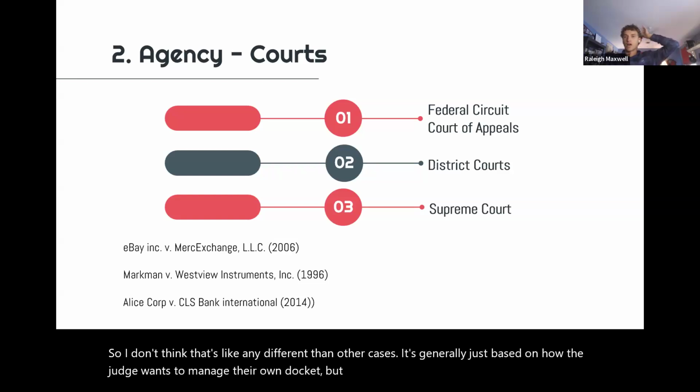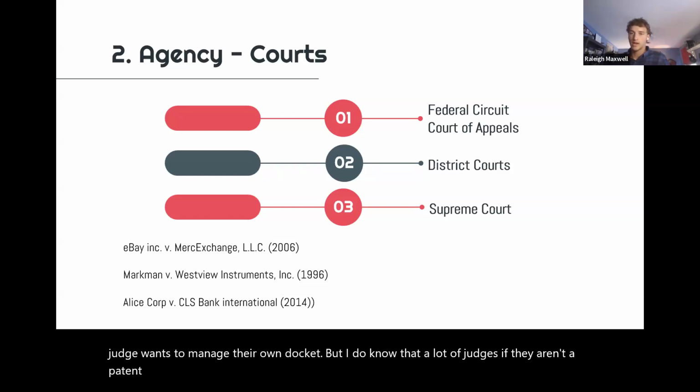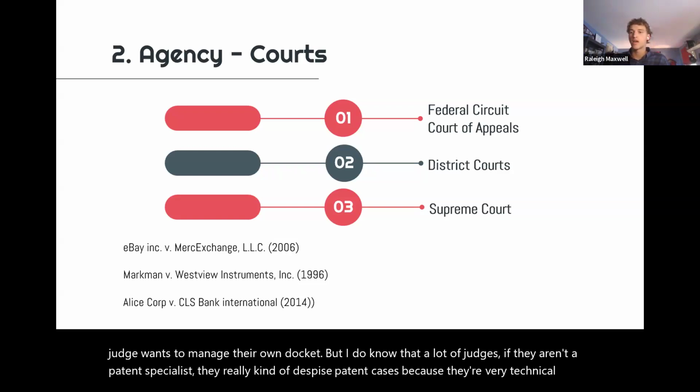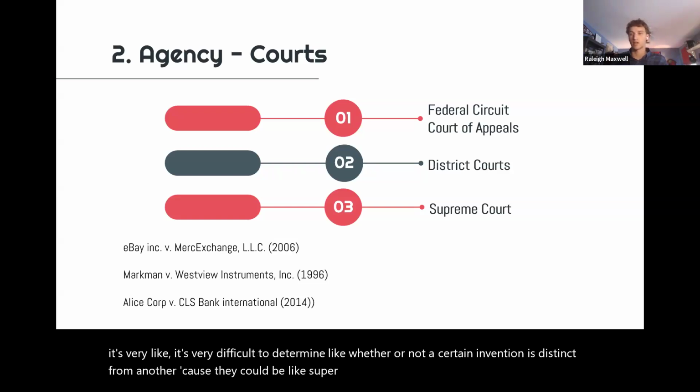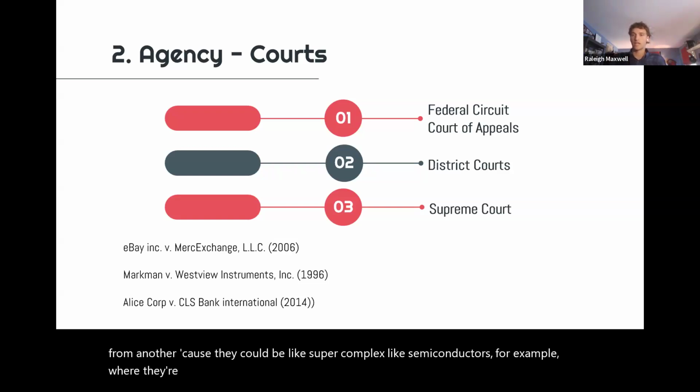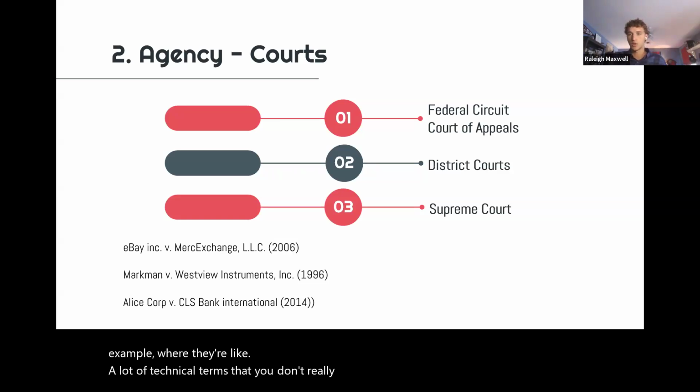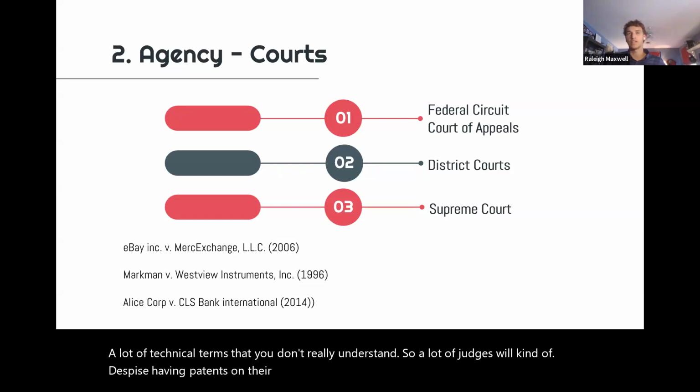But I do know that a lot of judges, if they aren't a patent specialist, really despise patent cases because they're very technical and it's very difficult to determine whether a certain invention is distinct from another, because they could be super complex, like semiconductors, for example, with a lot of technical terms that you don't really understand. So a lot of judges despise having patents on their docket, but it's not like they get a different priority when they go through the system.